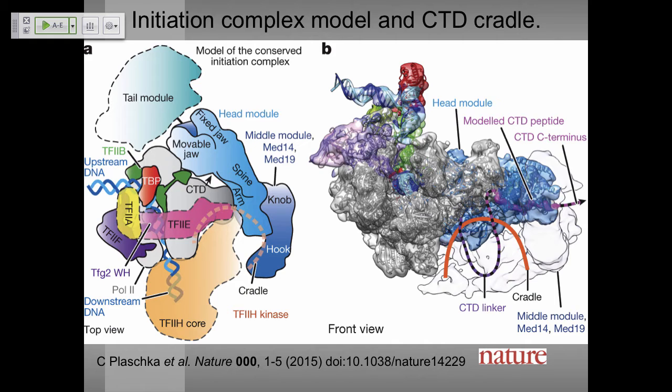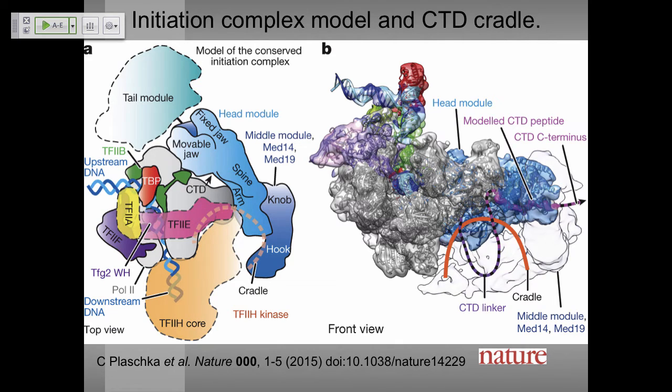That should also give you an indication that this is a really important thing to do, which is not surprising because if you look at the whole genome, most of the genes are not turned on, and the reason is they don't have an RNA polymerase associated with them. The CTD hangs out in this area right next to TF2H, again not surprisingly, because that's where the phosphorylation takes place.